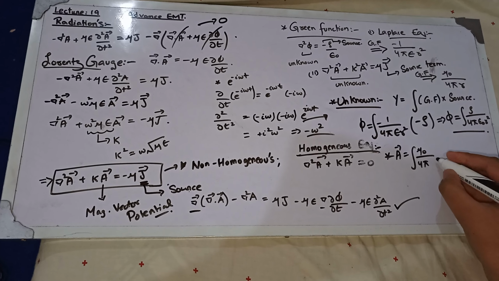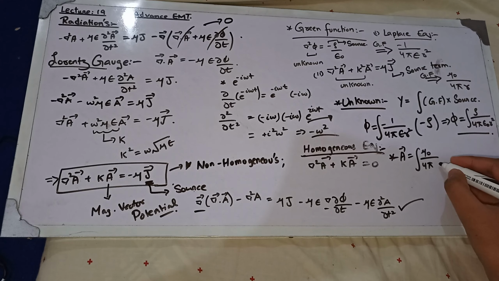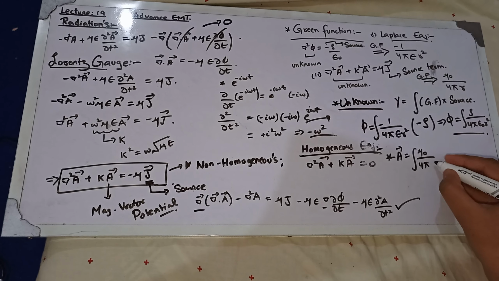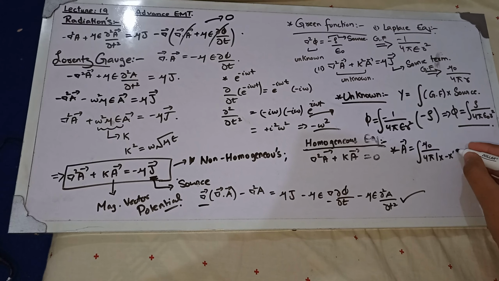Okay, r is basically the position. So the position can be written as x minus x prime.